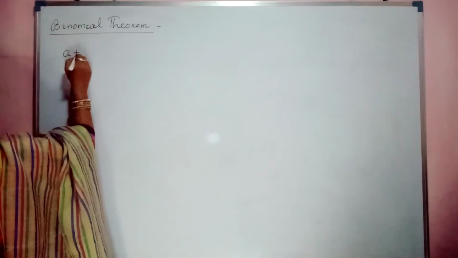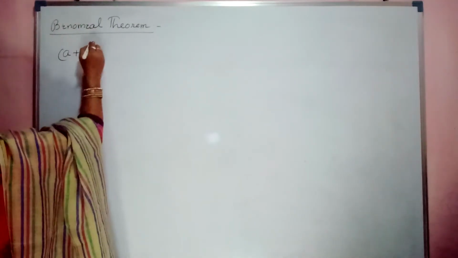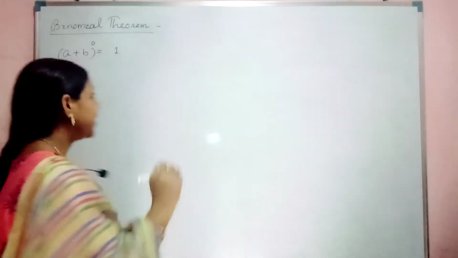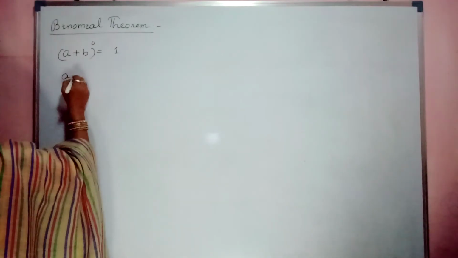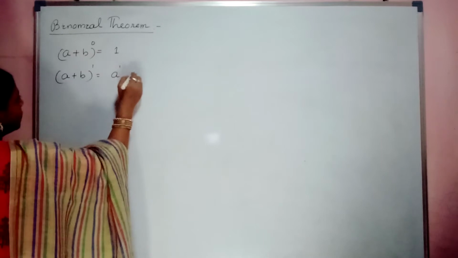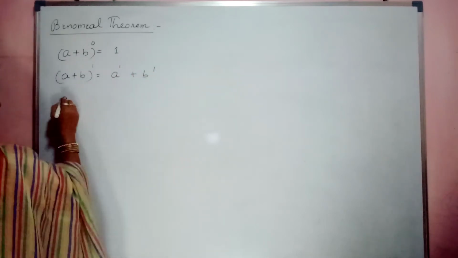See, we already know a plus b to the power 0. Anything to the power 0 is 1. Next I am writing a plus b to the power 1. So what will you write? a to the power 1 plus b to the power 1.